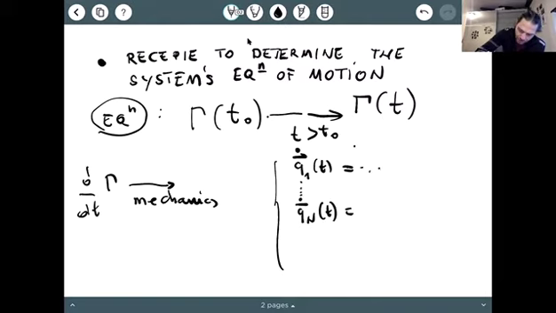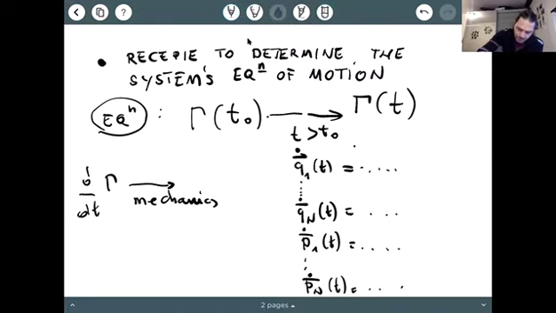And then, of course, I will need the same equation for p dot 1 through p dot n. So this is the left-hand side. And of course, we need the right-hand side.